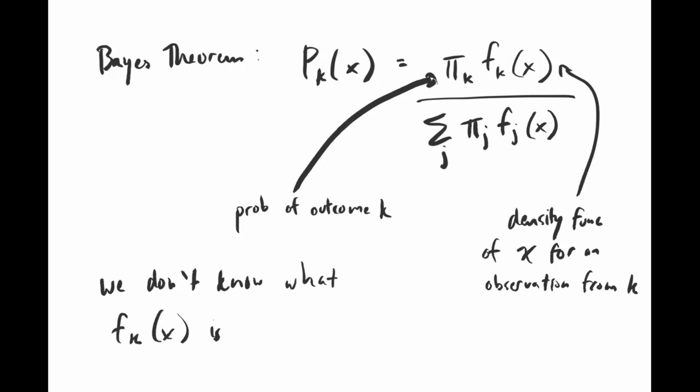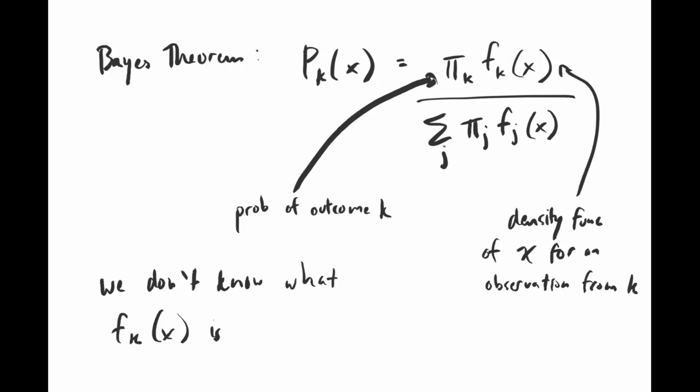And so this density function is essentially referring to if I were to look at the k outcomes, and then I look at the density function of my explanatory variables given an observation from a specific k, then there's this question of what does that shape look like?